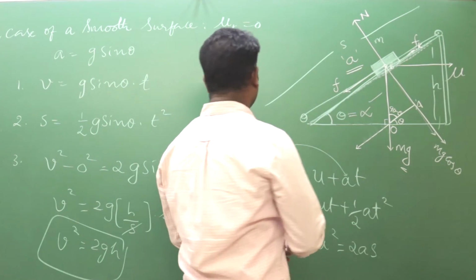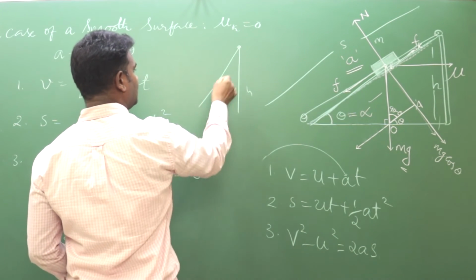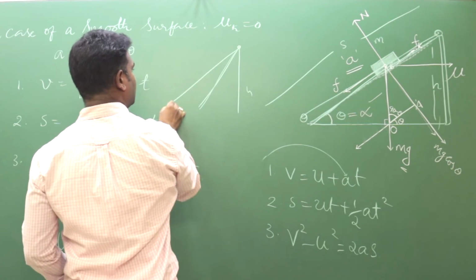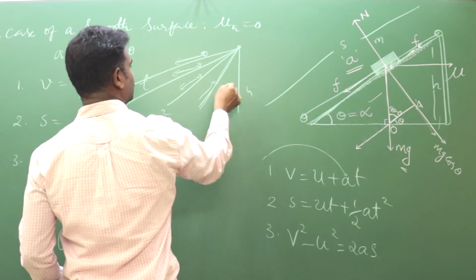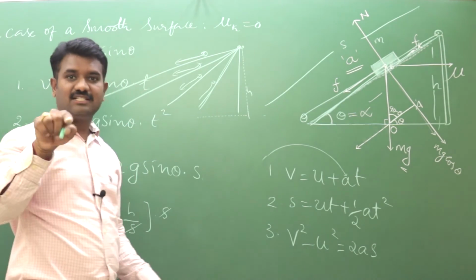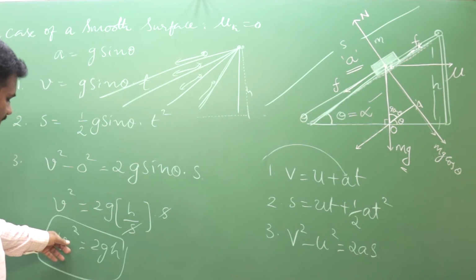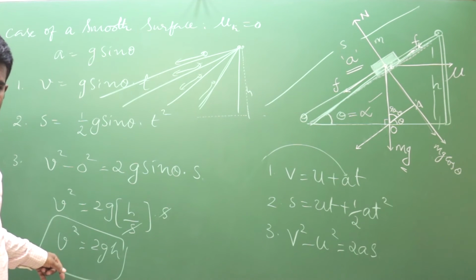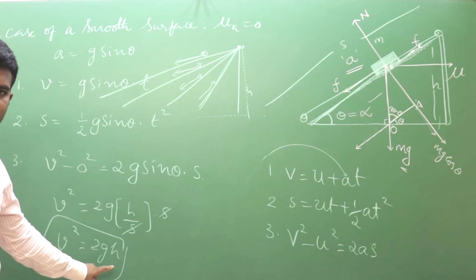Even if the object is sliding along this plane or this plane or this plane, or it is falling directly from here to here, the final velocity will be the same. So remember, in case of a smooth inclined plane, the final velocity is independent of the angle of inclination. It depends only upon the height from which it is falling.